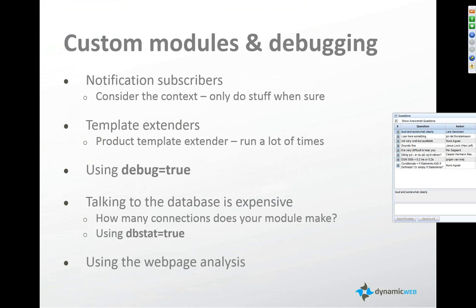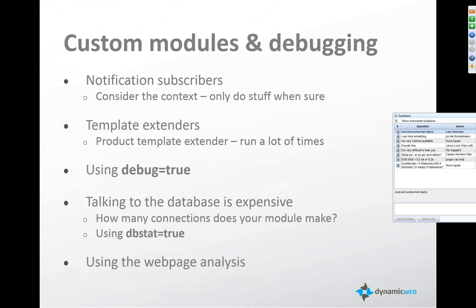The same goes for template extenders. For example, we have the product template extender. It runs a lot of times, especially if you have a page of 50 products, and each of these products has related products. That product template extender is raised every time on that list, but also in detail view.